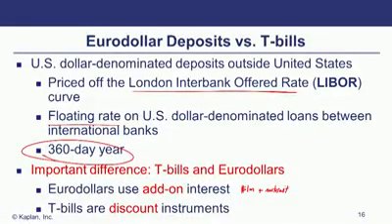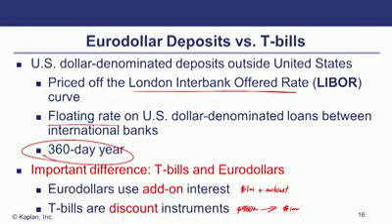Now T-bills, again, they can come in a face value of $1 million, but they are pure discount instruments. In other words, you may have to lend 980,000 to Uncle Sam today, and in return the US government will pay you $1 million in 90 days, let's say.